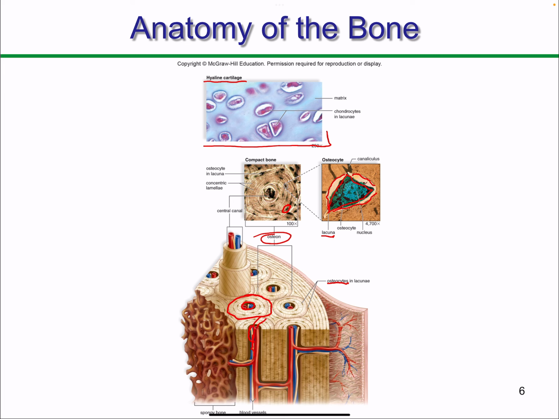That is solid but flexible, and that we do have a matrix, right? That contains some little chambers. In these chambers, you're going to have some cells that are called chondrocytes. The chondrocytes are cartilage cells, right?